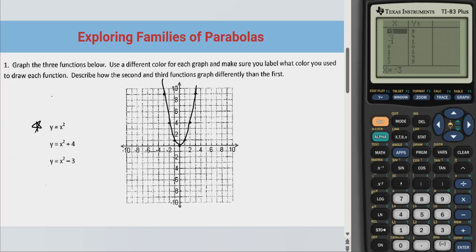So for our next example here, x squared plus 4, I'm going to switch over to red. Right, and I can type that into my y equals as well. If I want to leave the original equation on there, I can pop down into y2. Right, so x squared plus 4.